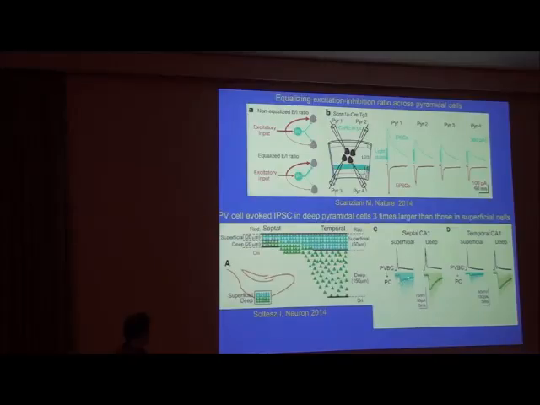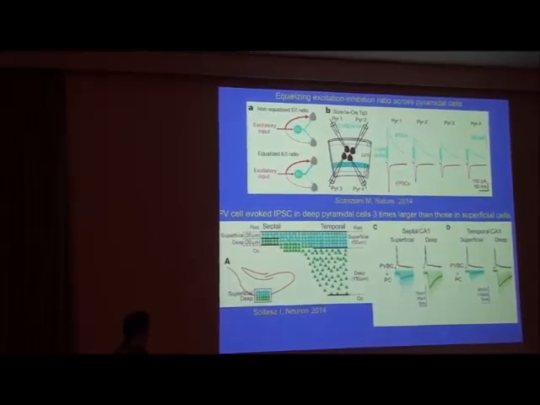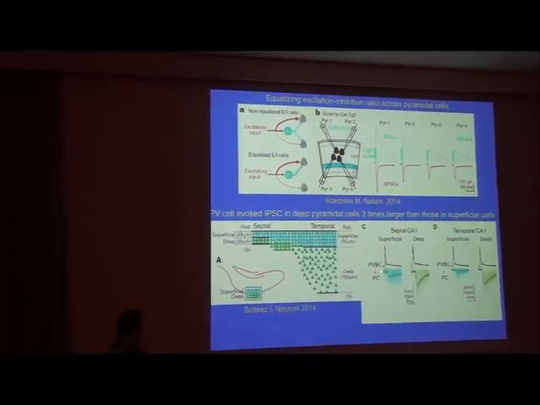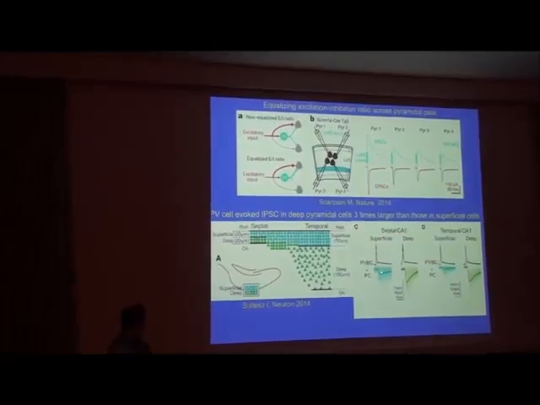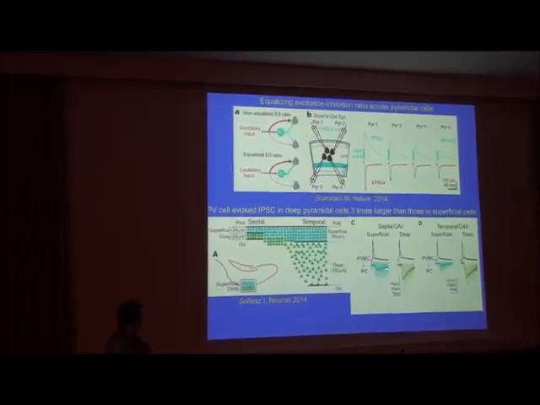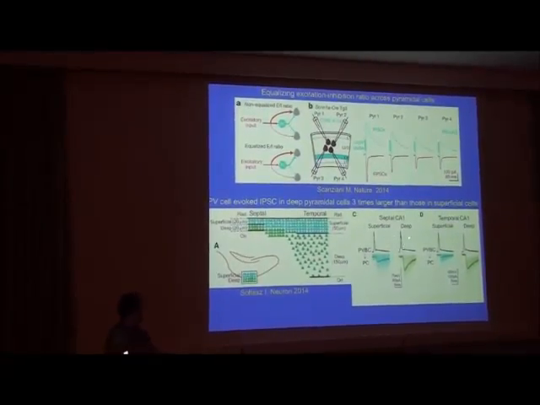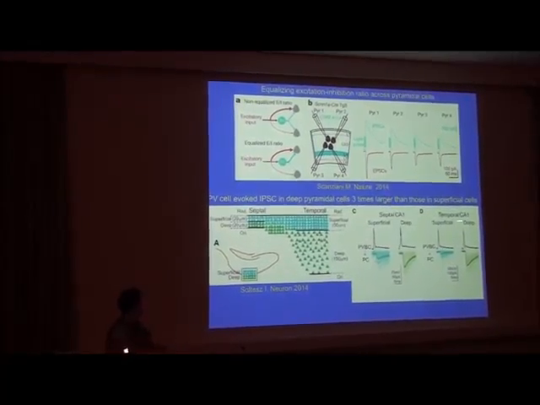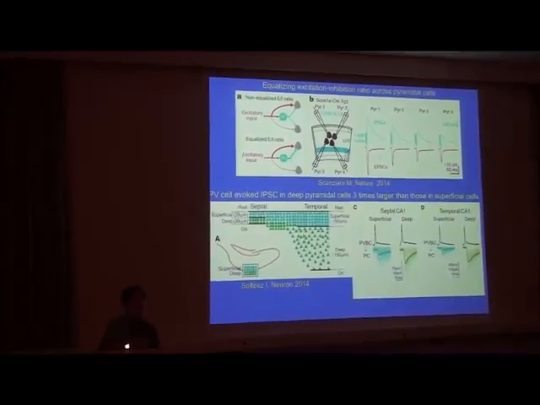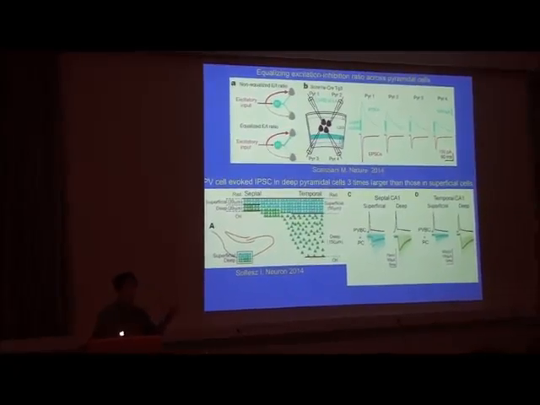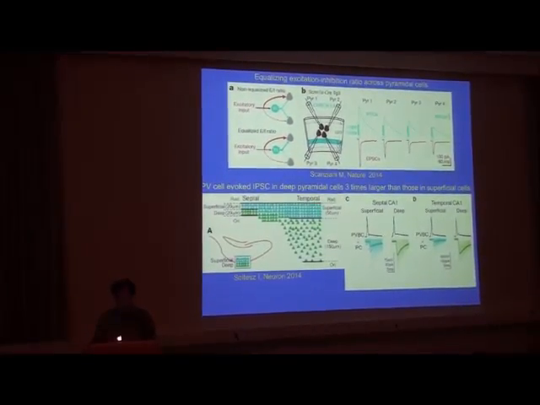He made one spike of the pyramidal basket cell, and then tried to find the IPSC in the pyramidal cell. He found superficial layer pyramidal cells receive smaller inhibition compared to the deep part, and this is true of septal CA1 or temporal CA1. So the inhibition is quite different among the different pyramidal cells. That is already known, so we wonder what the mechanism is.